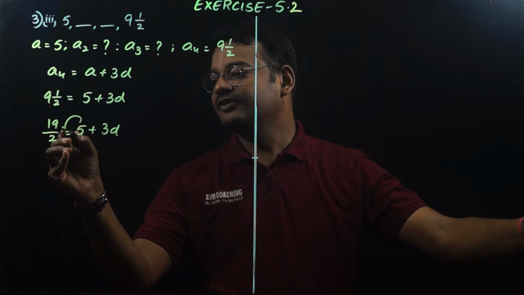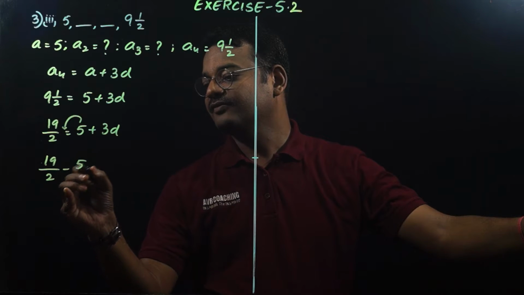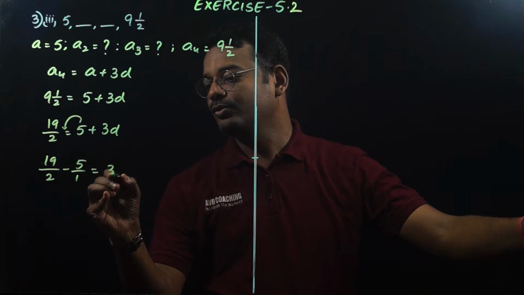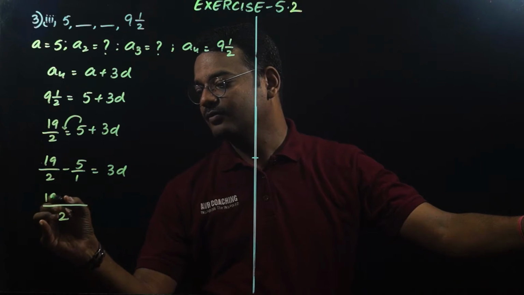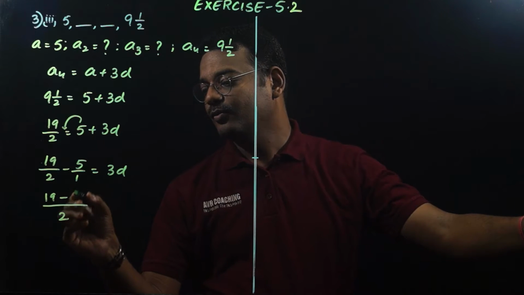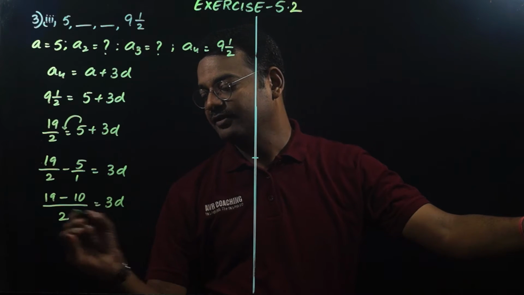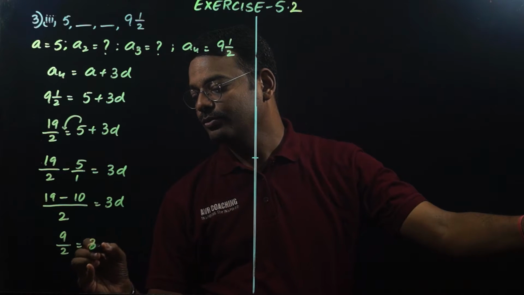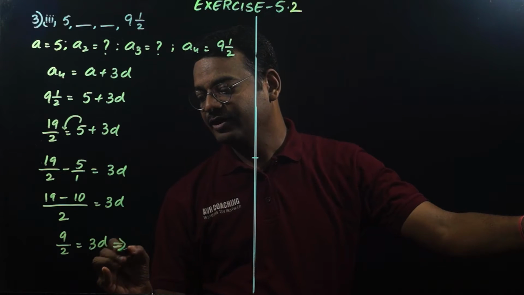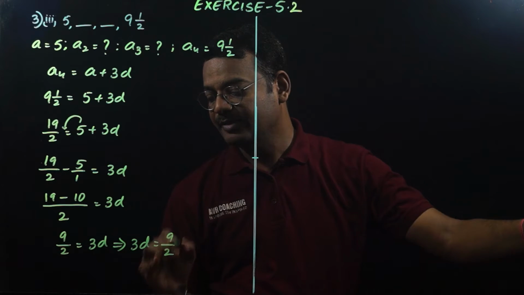Now if 5 comes here, this will be written as 19 by 2 minus 5 by 1 is equal to 3D. Now LCM is 2: 2 ones are 2, 1 into 19 is 19, 1 2s are 2, 5 2s are 10. So this will be equal to 9 by 2 for 3D, and we can also write this as 3D equal to 9 by 2.